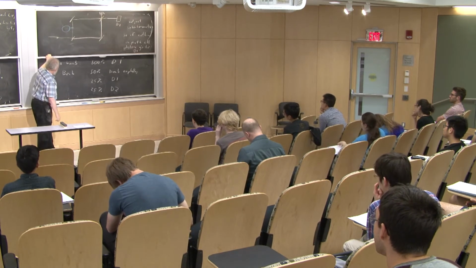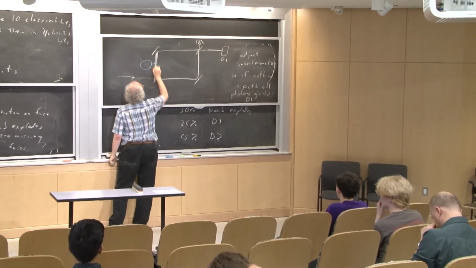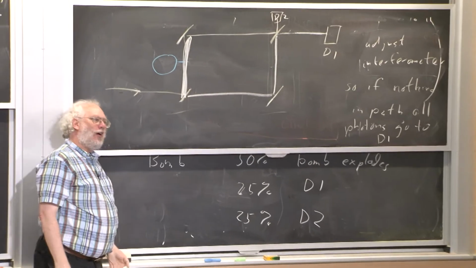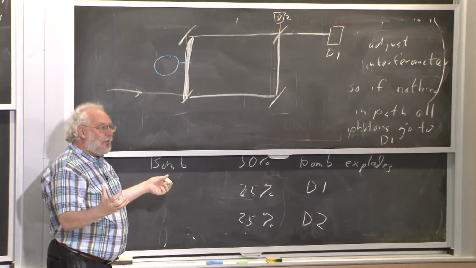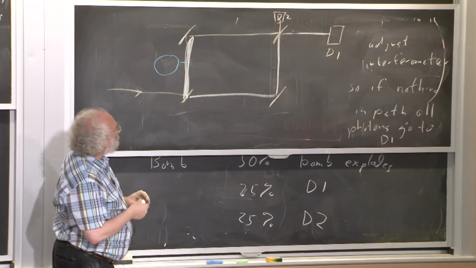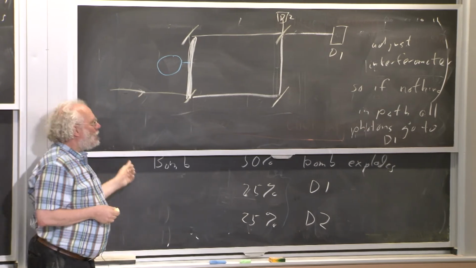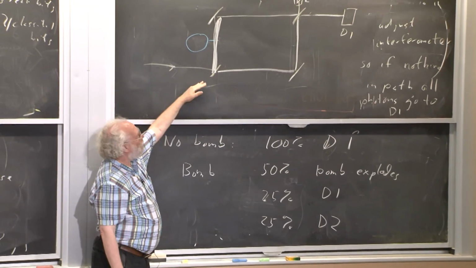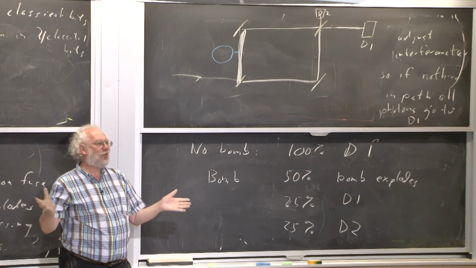The idea is that you have mirrors so that the photon goes up and down here many, many times, and the more times it goes up and down, the lower the probability of the bomb exploding. But to get 0, you would have to have it go up and down infinitely many times, and that doesn't work. So that's the basic idea for reducing this probability. Any other questions?